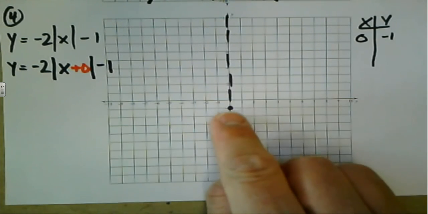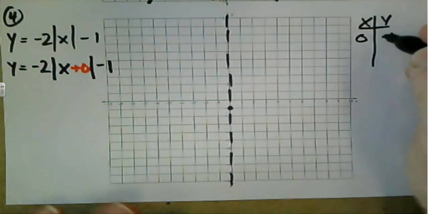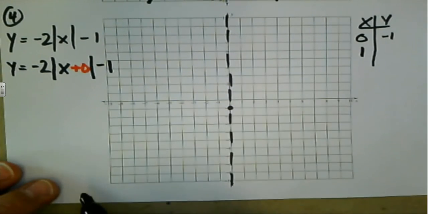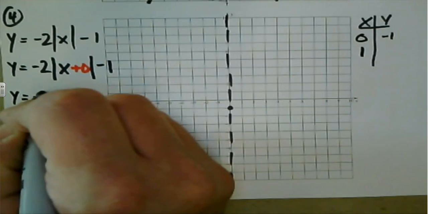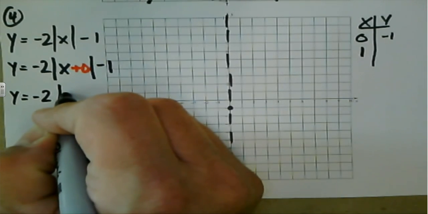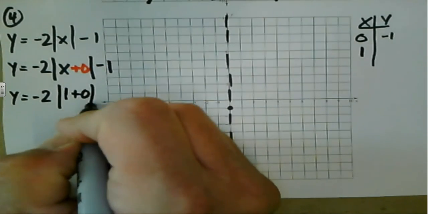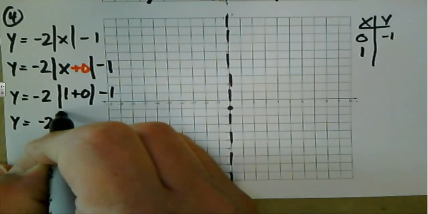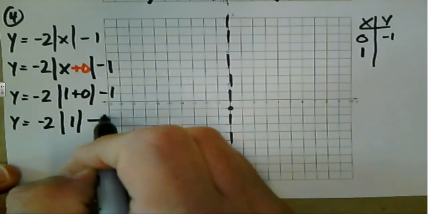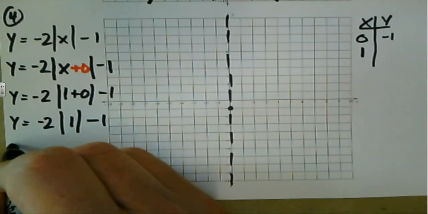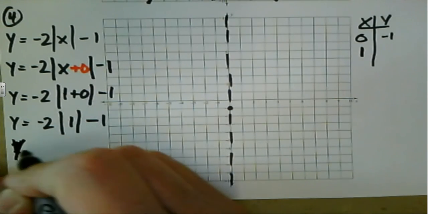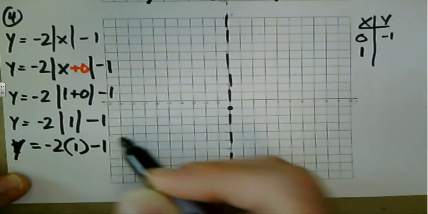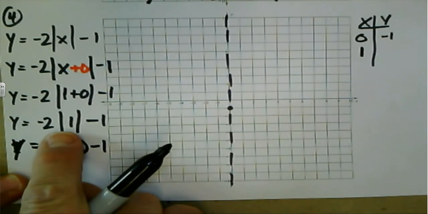We are now going to pick our next number, 1 or -1. I don't like negative numbers, I'm picking 1. Whatever is next. y equals -2 times the absolute value of 1 plus 0, minus 1. 1 plus 0 is 1. The absolute value of 1 is 1. I'm going to change that because I did the absolute value.